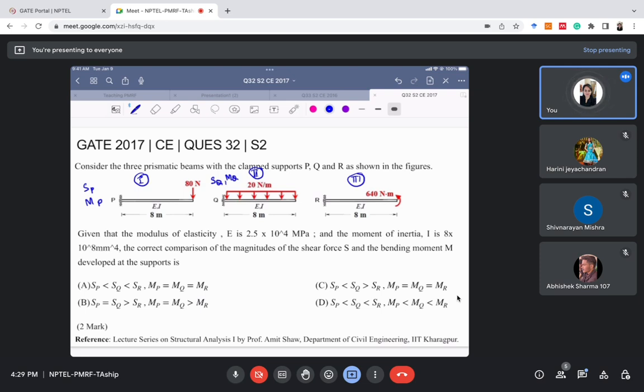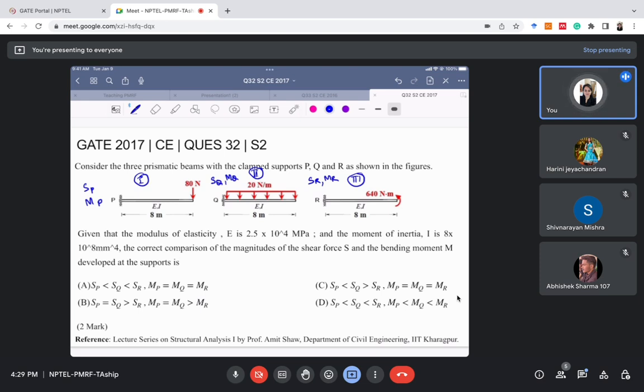We can call shear force here SR and bending moment here MR. You just need to find the shear force and bending moment at the support location for all three beams, and finally compare these values. Four options A, B, C, D are given in which the comparison is given for shear force and bending moment for all three beams, and you can choose the correct answer.